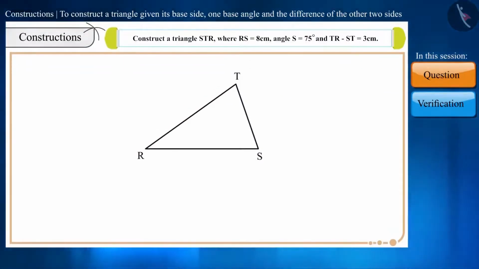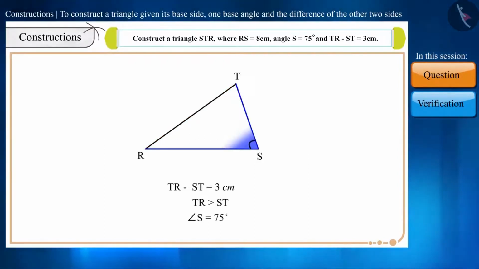Let's see this question. Construct the triangle STR where RS equals 8 cm, angle S equals 75 degrees and TR minus ST equals 3 centimeters. It is given in the question that the measure of TR minus ST is 3 centimeters, from which we get to know that side TR is the larger side.